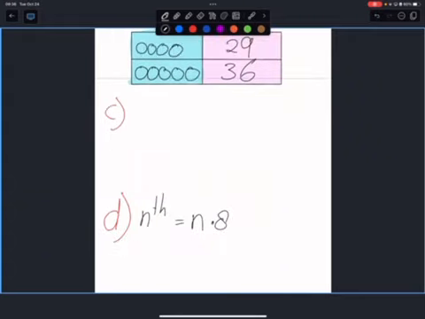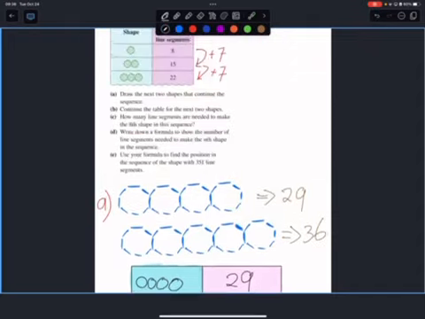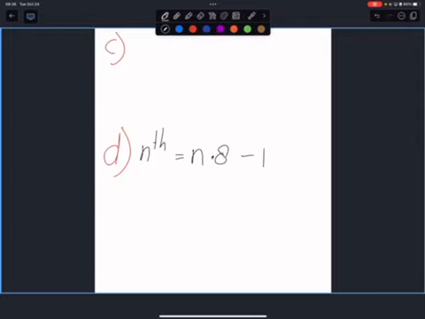Some people say -1. All right, let's try that. -1. But if I go back to 1, my answer is not 8 anymore. When you use the formula, it has to count for all the shapes. So 8n minus 1 is incorrect.